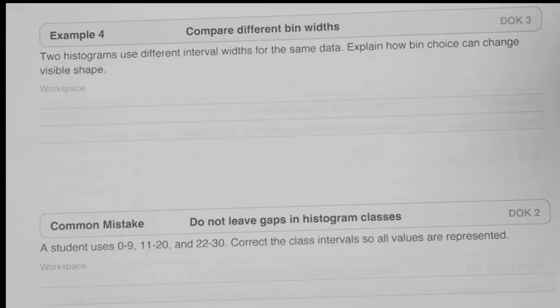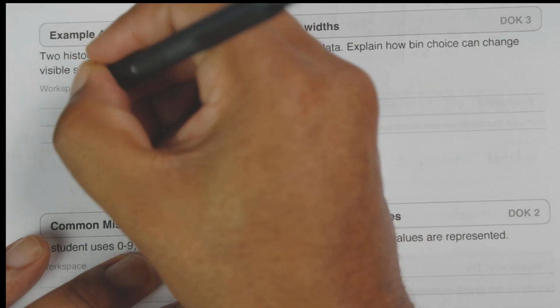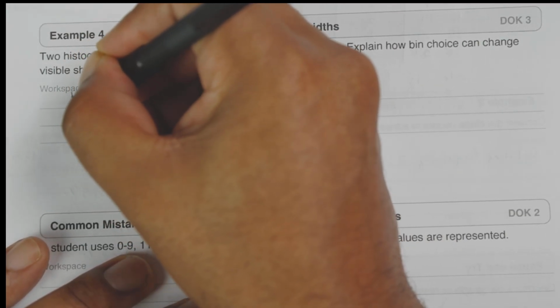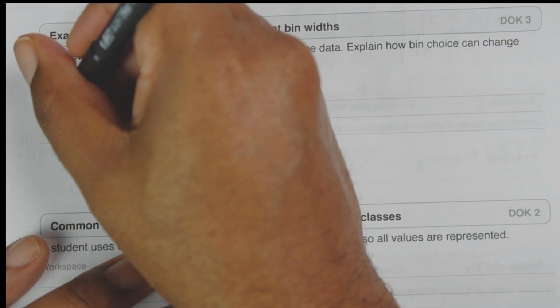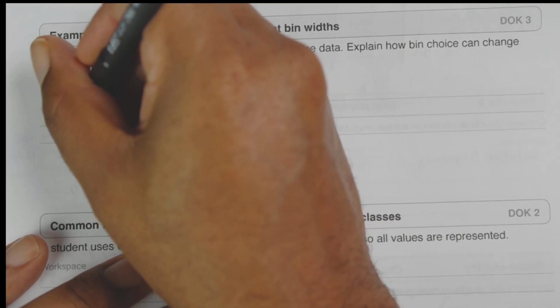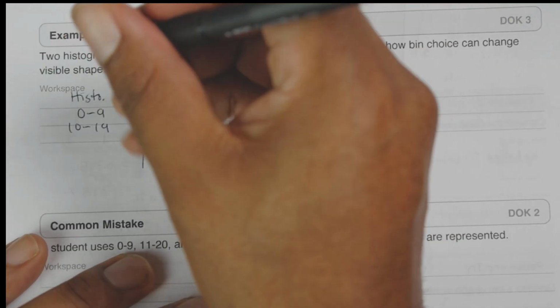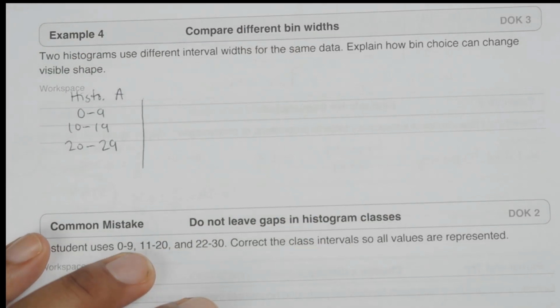So, for example, histograph A may use 0 to 9, 10 to 19, 20 to 29.